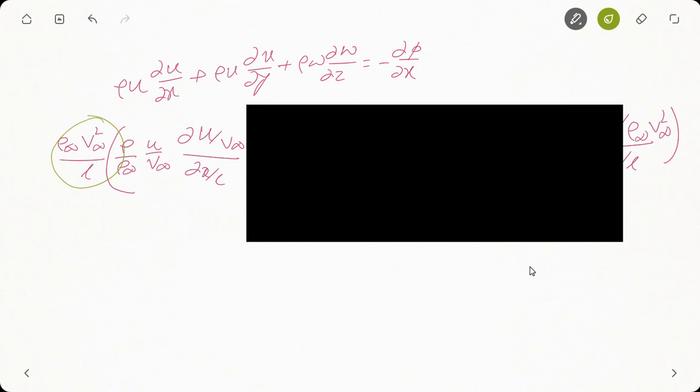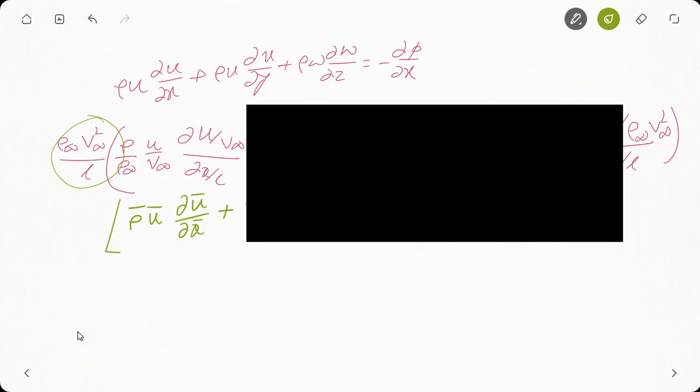So now this whole equation comes here, and in this case it will become rho bar u bar dou u bar by dou x bar plus rho bar v bar dou u bar by dou y bar plus rho bar w bar dou u bar by dou z bar equals minus dou p bar by dou x bar.